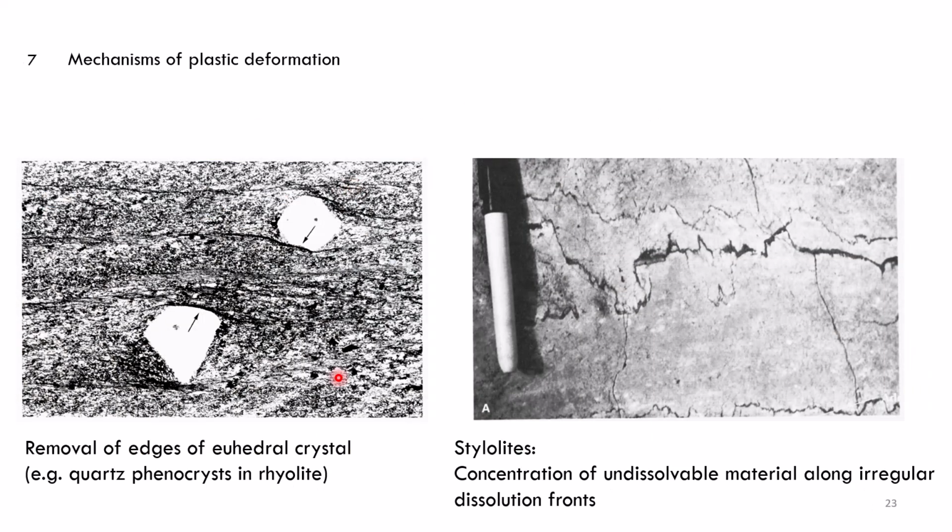At the microscale, we might also observe evidence of dissolution creep. Here, for instance, a thin section from a deformed rhyolite. These rhyolites contained euhedral quartz crystals, and part of the euhedral shape is preserved. We see here euhedral boundaries there, also here, here, and here.